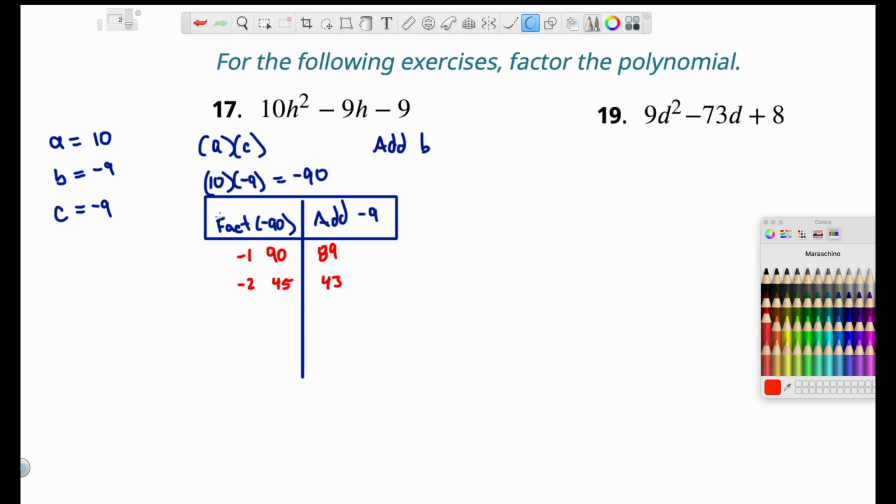So we've got to do way more here. So let's see, does 4 go into 90? No, 4 doesn't go into 90. Does 5 go into 90? Let's see. It does, because it ends in 0. Okay, negative 5 and 18.